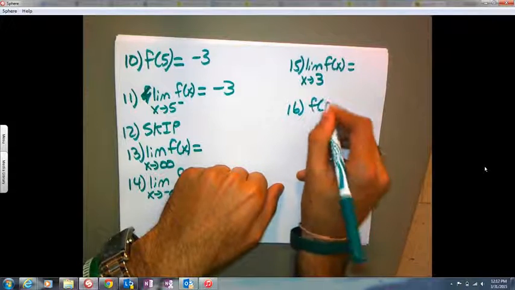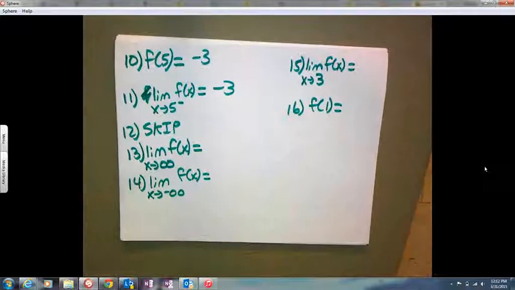Before I go on, I want to see if there are any questions on either 10 or 11. No questions on 10 or 11. Remember, we're going to skip 12. Go ahead and scratch it out. Again, try 13 and 14. Once you've made a guess, you can look on mine.